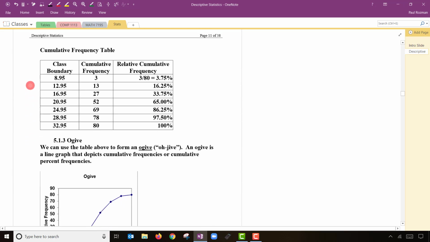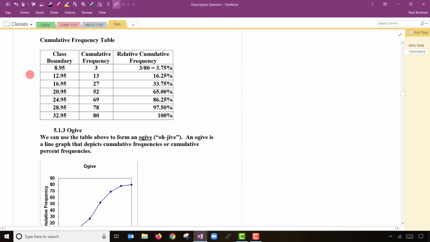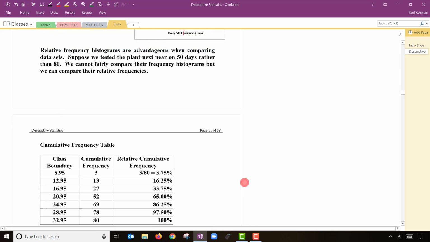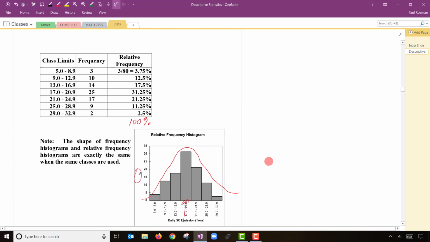We have cumulative charts where we take our frequencies, and remember our first frequency was 3 in the first class, and then the next one was 10. Well, I added those two values together to get a cumulative amount. And then the next category had 14 in it. I'll just scroll back for a second so you can see.